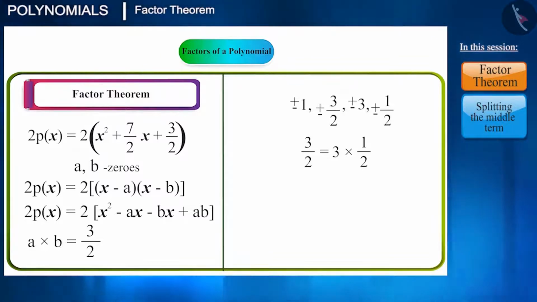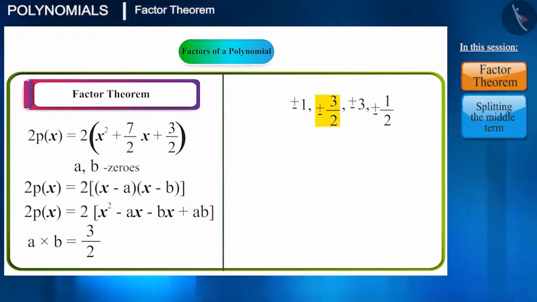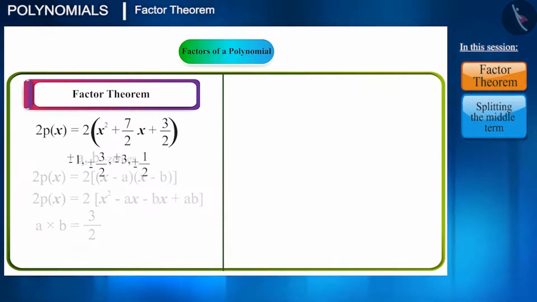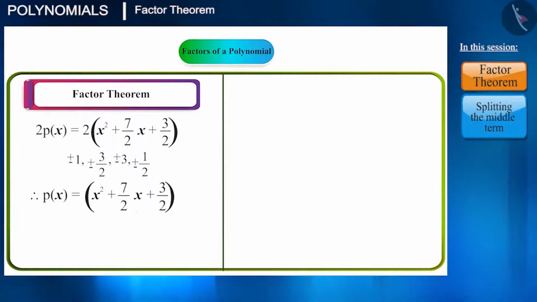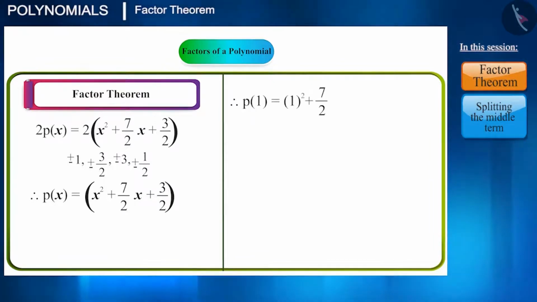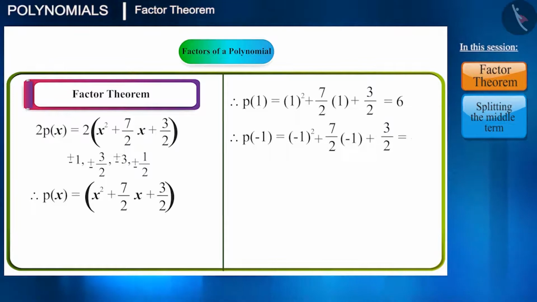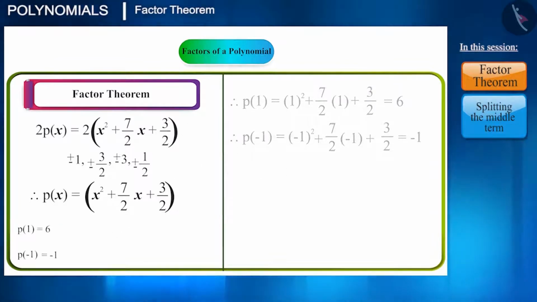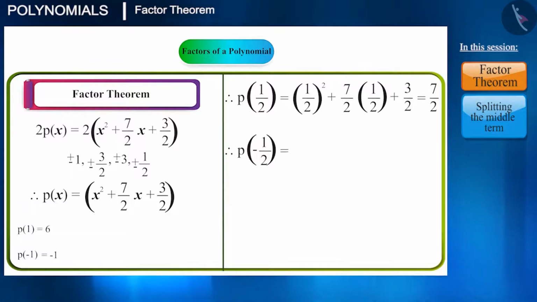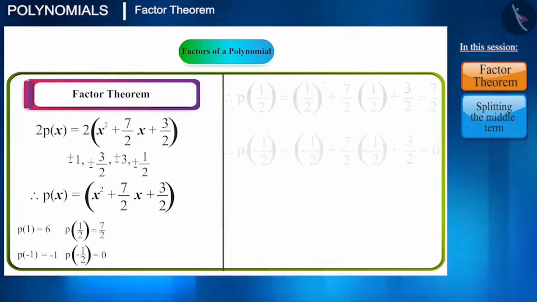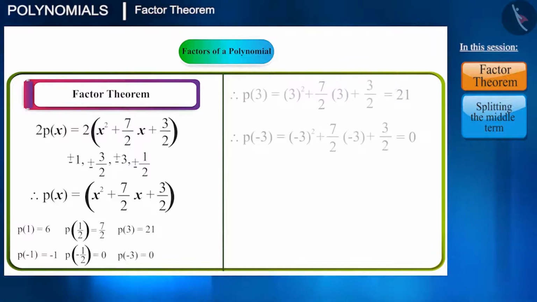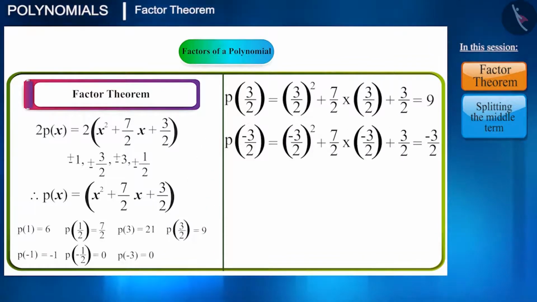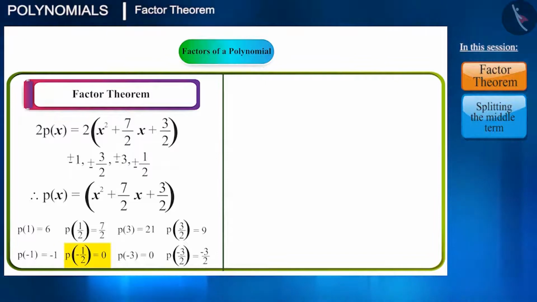Thus, some possible values of a and b can be plus or minus 1, plus or minus 1 by 2, plus or minus 3, plus or minus 3 by 2. Now, substituting all these values in the polynomial, we have to find which of these will make the value of the polynomial 0. p of minus 1 by 2 will be 0 and p of minus 3 will be 0.